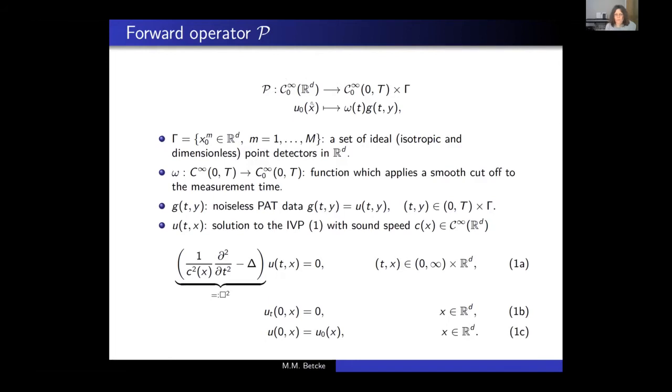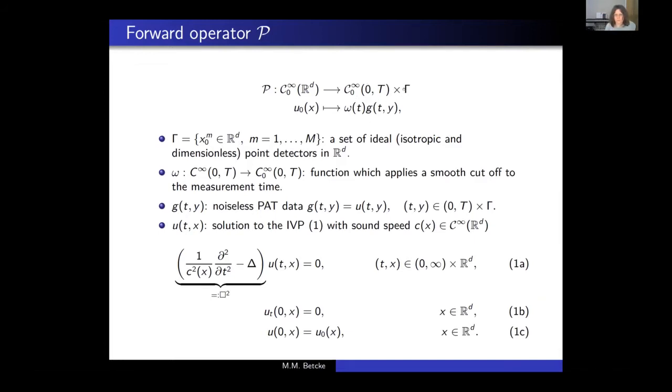So this process we formulate as a forward operator. We are using smooth, compactly supported functions in R^d, and they are being mapped to smooth functions in time on a set of point detectors distributed around the boundary.